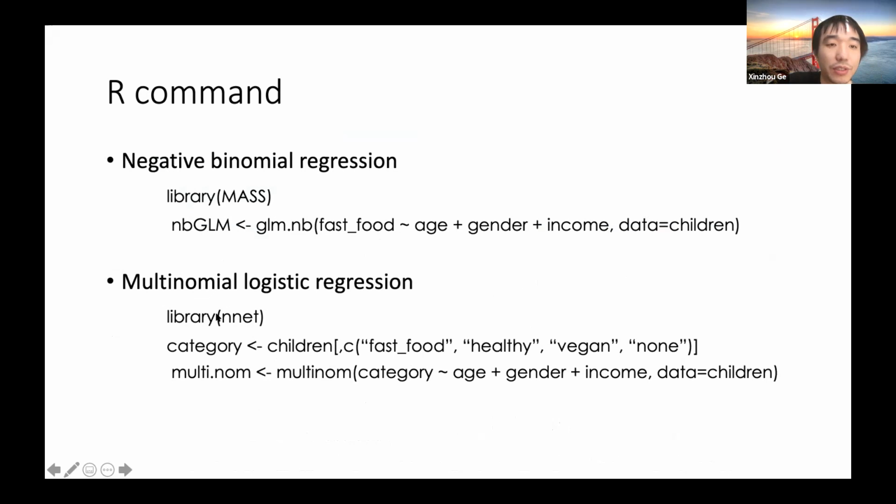And if you want to use the multinomial logistic regression, you can use the package called nnet, and here we can just combine all the columns that are the categories we are interested in, and use the multinom function to do the regression with category as the response. So I think that's all for my part. And do you have any questions?